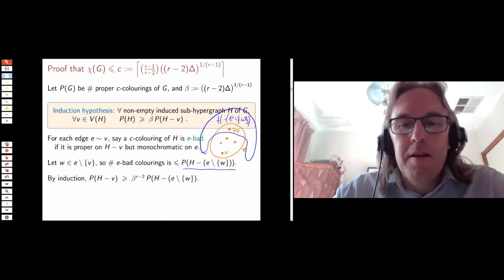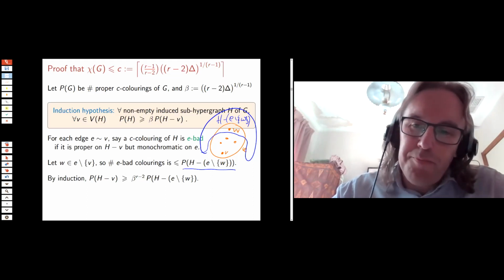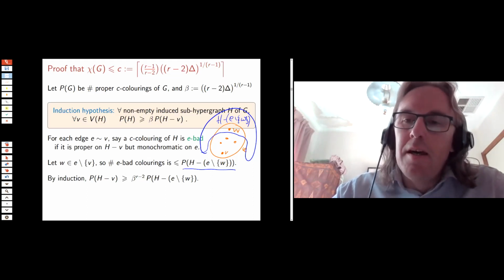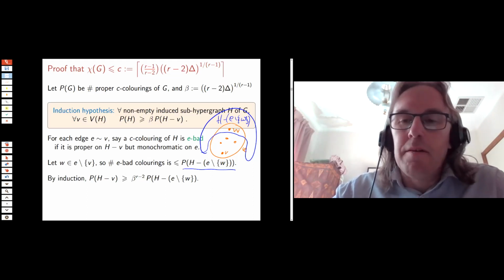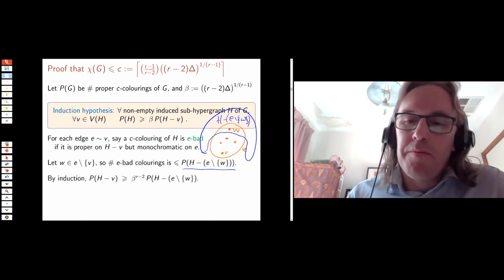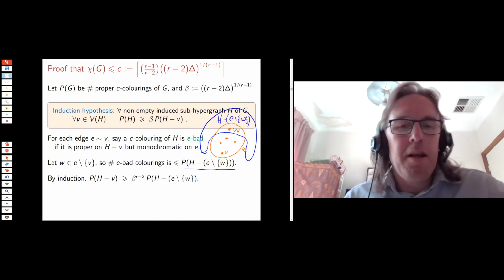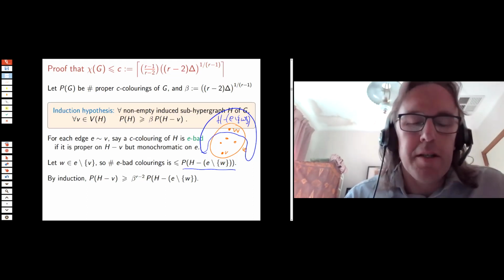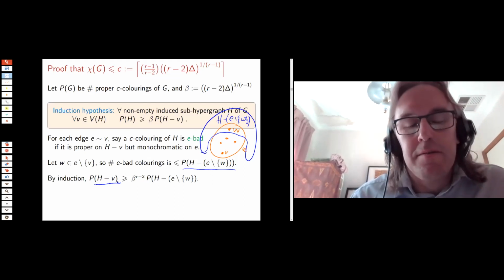Because the E-bad are the ones that are monochromatic on E. So there's no other option. You have to color all the vertices inside E orange. So we know that the number of E-bad colorings is at most the number of proper colorings of H minus E minus W. But now we can apply induction at this point. So I apply induction to H minus V.